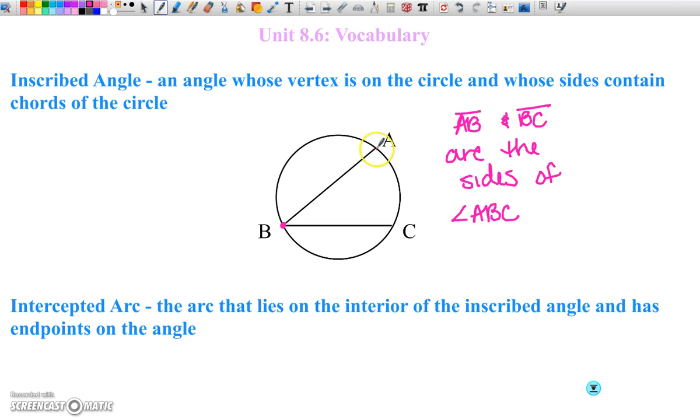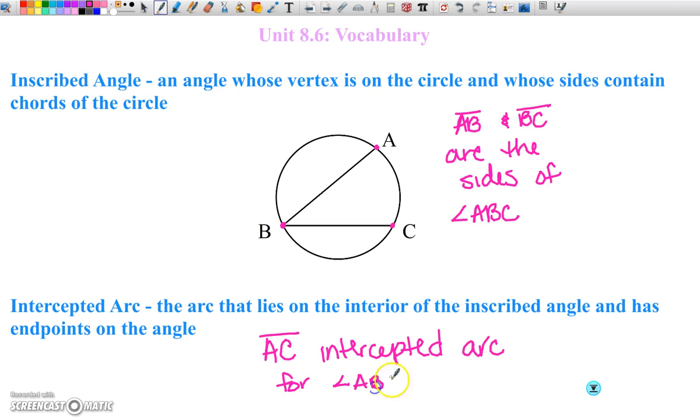Those sides are chords, so they have endpoints on the circle as well. An intercepted arc is the arc that is on the interior of that inscribed angle. For this example, arc AC would be the intercepted arc for angle ABC.